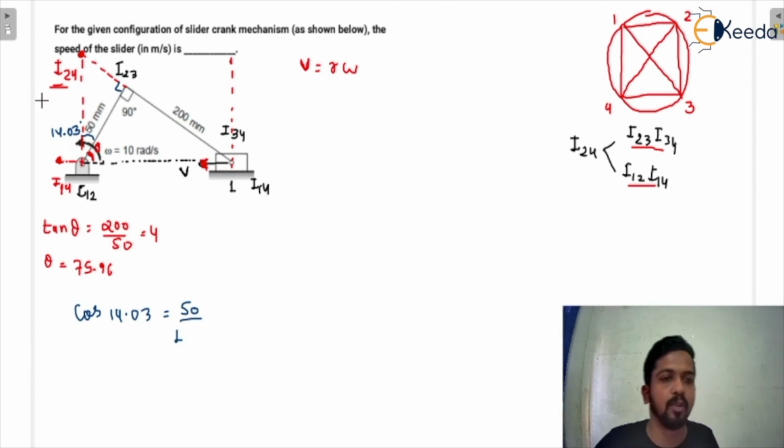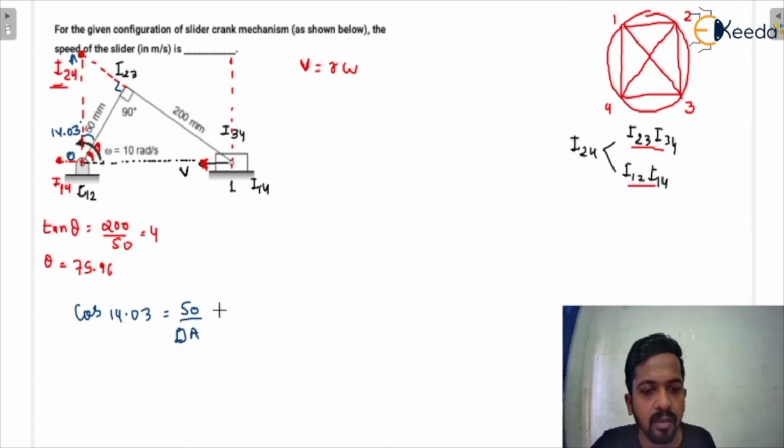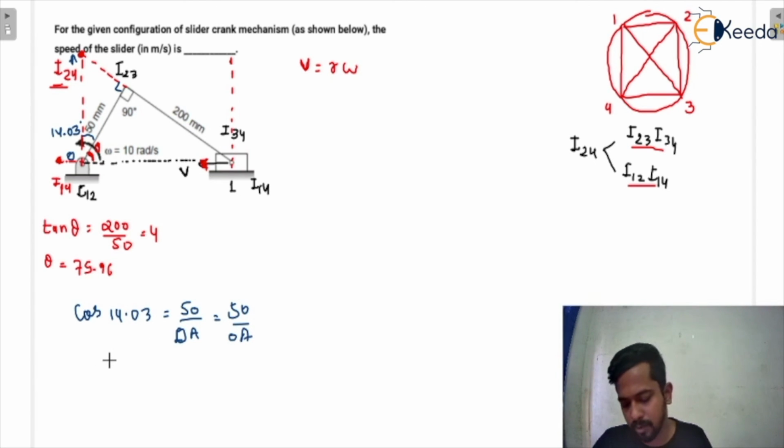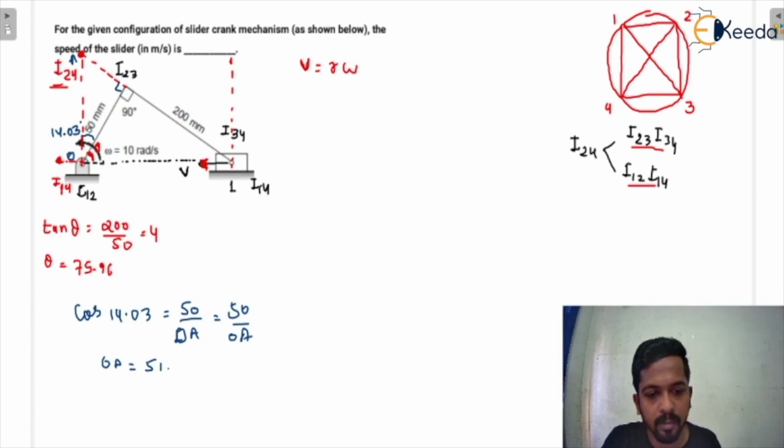We have to find this length; I'm going to rename the points as A and O. So we are going to find OA: cos 14.03 equals 50 upon OA. Now what value will you get? You will get 51.53 mm.